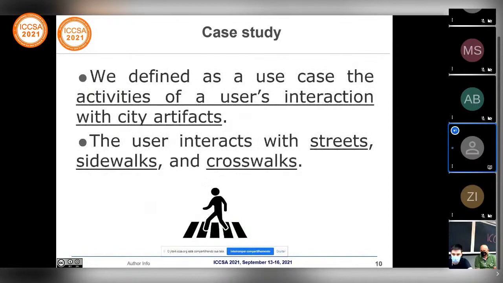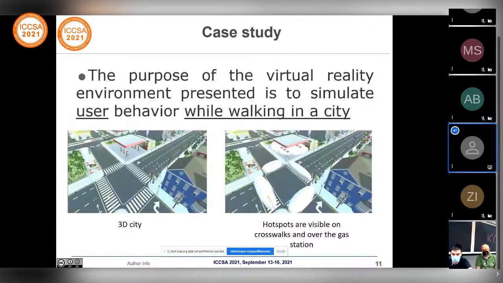We defined as a use case the activities of a user interaction with city artifacts. The user interacts with streets, sidewalks, and crosswalks. We simulated a 3D city that is present in the figure on the left.